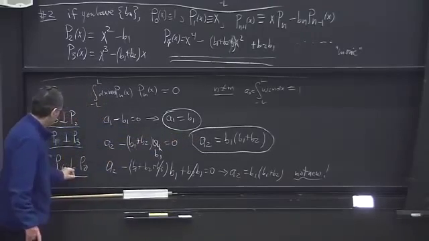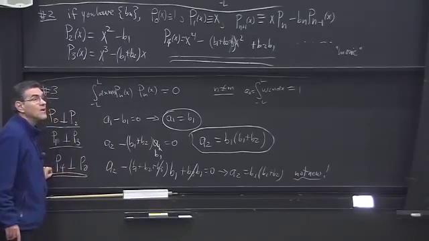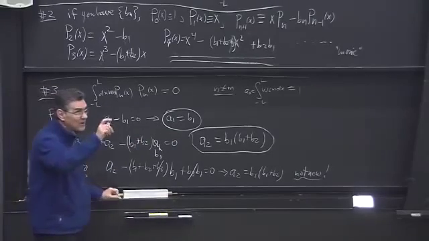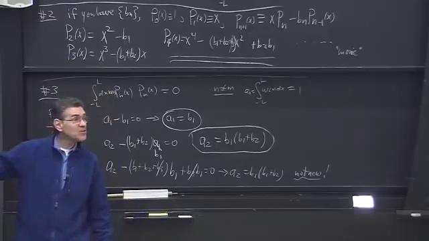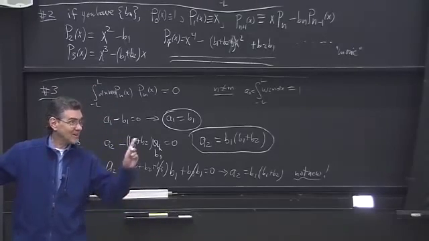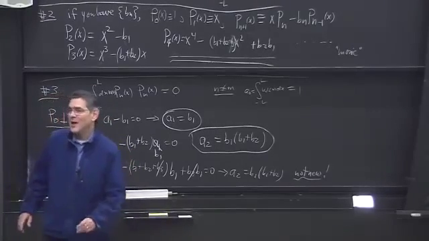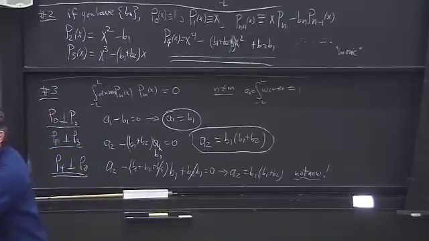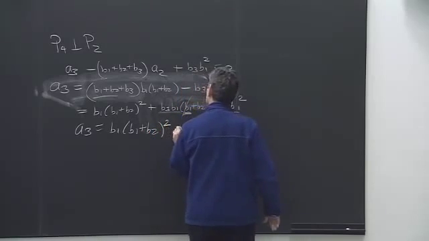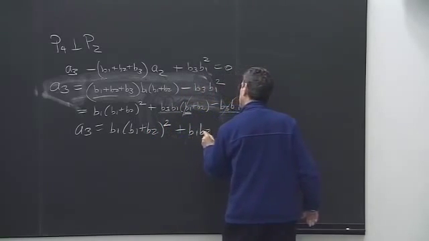That's what I learned when I did this calculation. Got it? So it simplified the calculation. So I only needed to multiply by x squared. Got it? Okay, so therefore, I learned that a3 is b1 times b1 plus b2 squared plus b1, b2, b3.